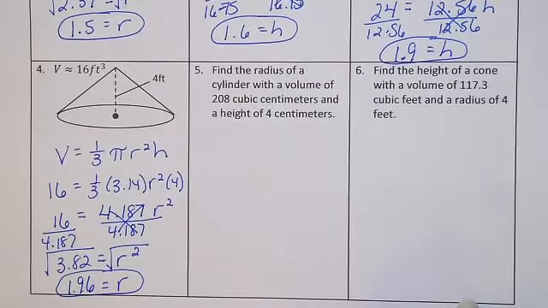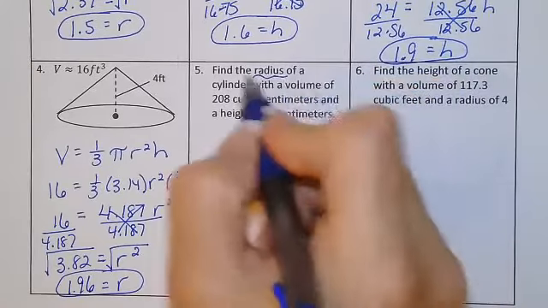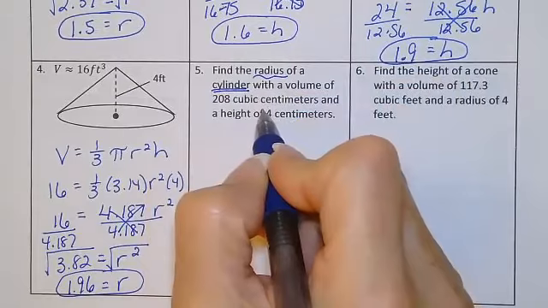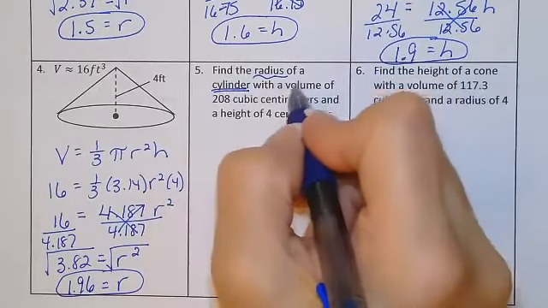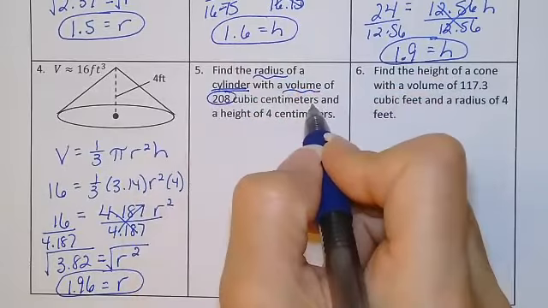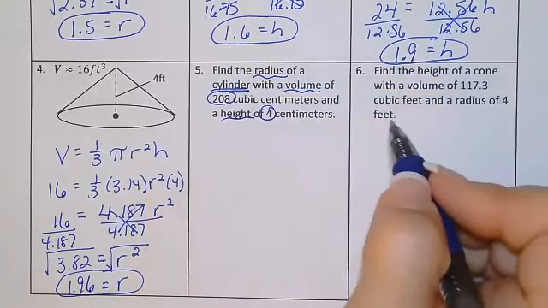All right, number 5, find the radius of a cylinder with a volume of 208 cubic centimeters and height of 4 centimeters. Okay, so we have radius of a cylinder, that's important, with a volume of 208 and a height of 4.